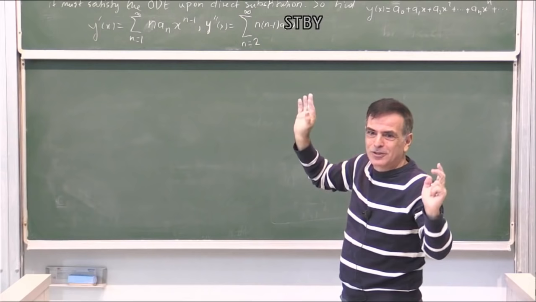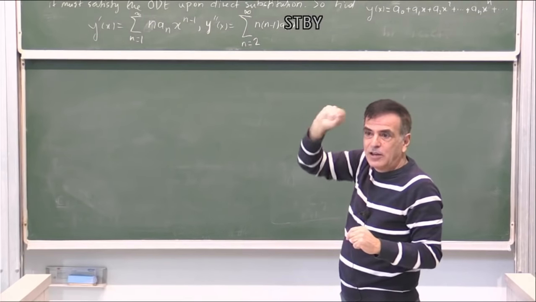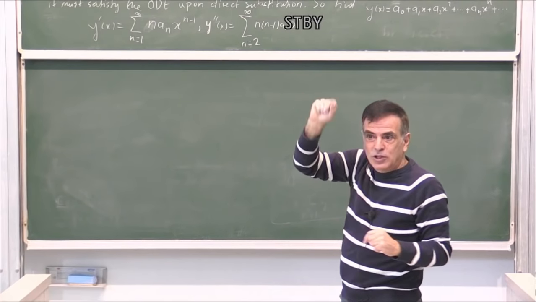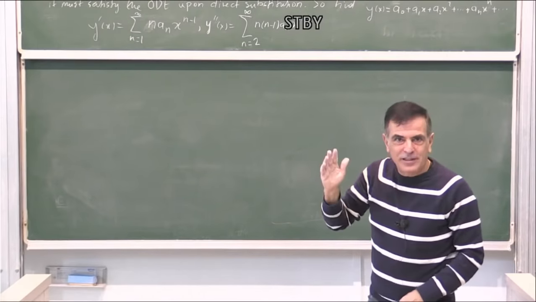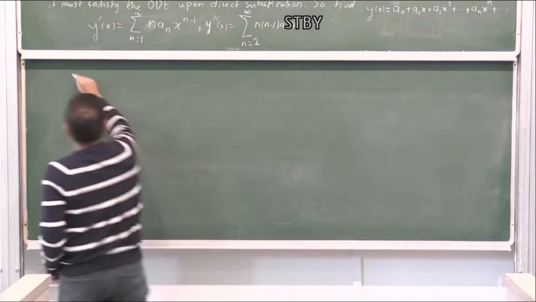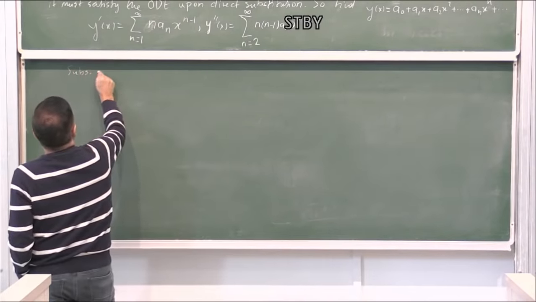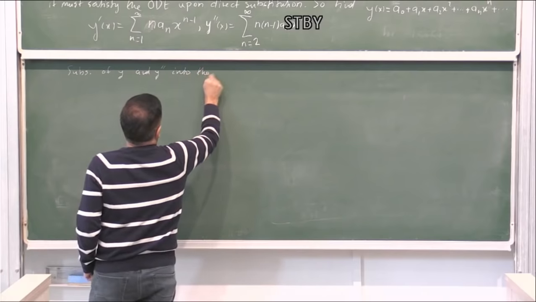We don't know the solution, so we cannot calculate the coefficients a_n using the formula for the coefficients of a Taylor or Maclaurin series from a standard calculus course. But we have the differential equation to satisfy. So, substitution of y and y double prime into the ODE.